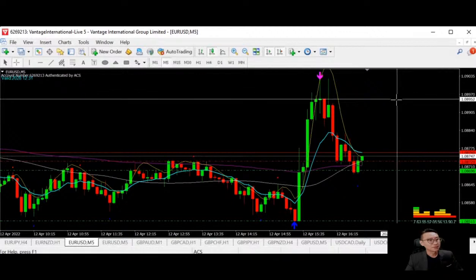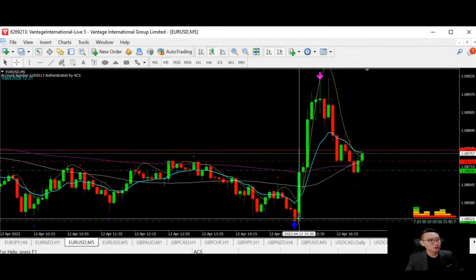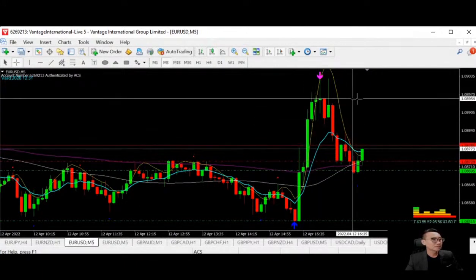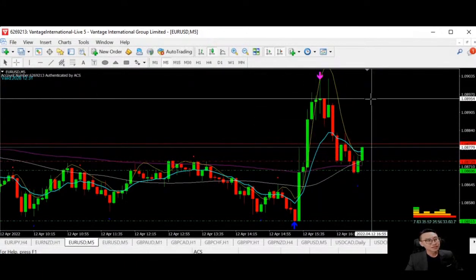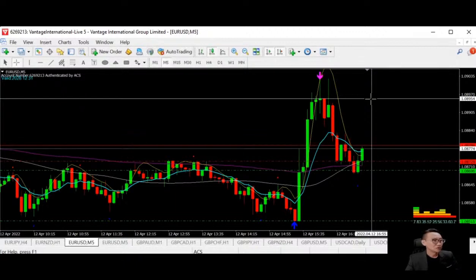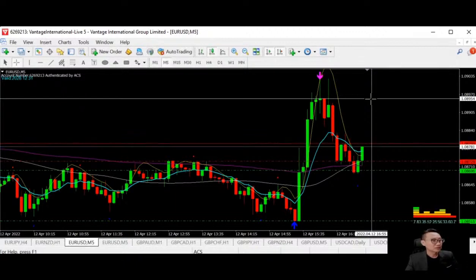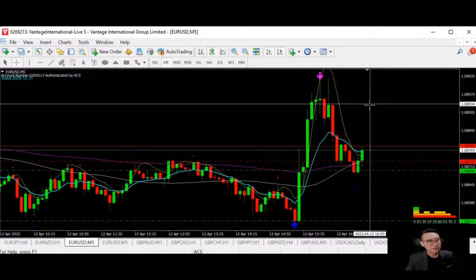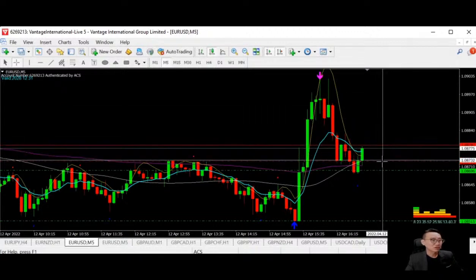When the news was published and it came here, it got rejected. So the news impact can only reach here. It's still not a very high impact that's going to push it all the way up. Now it's creating a lower resistance.